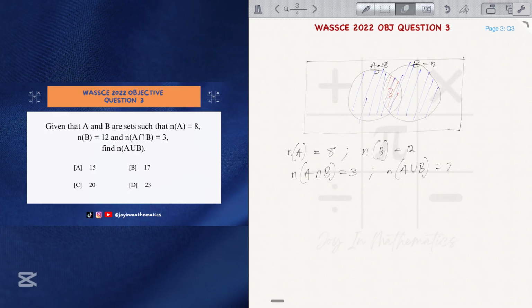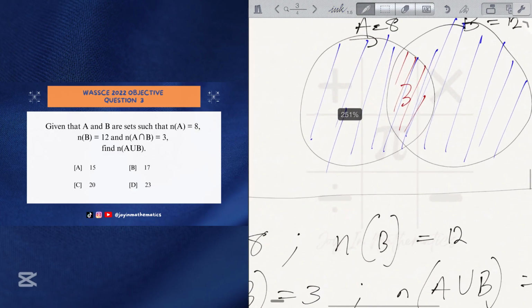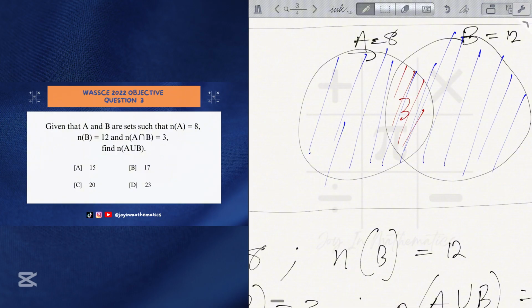So let's solve this now. To solve this, we have to know what A only and B only are, that's the cardinality of A only and the cardinality of B only.